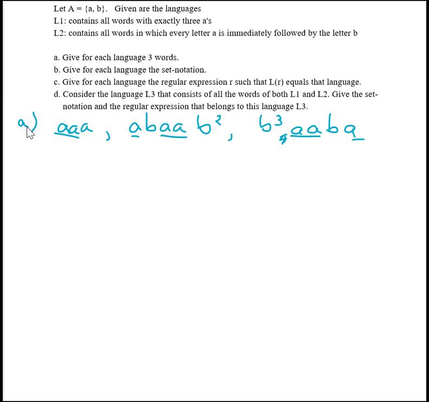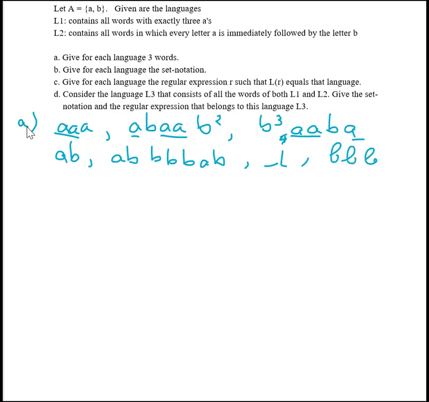Language L2, every letter A is immediately followed by the letter B. So we could have AB, or ABBBBAB, or even lambda, because then there is no letter A, so that automatically works, or only B's.